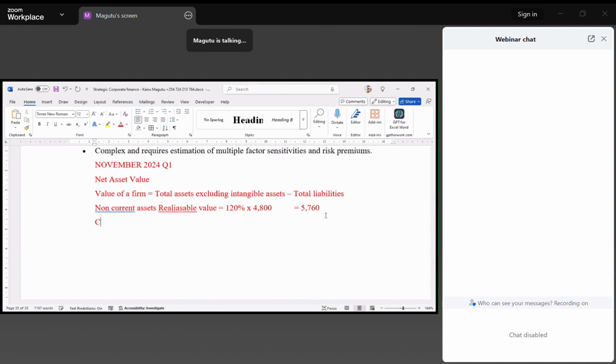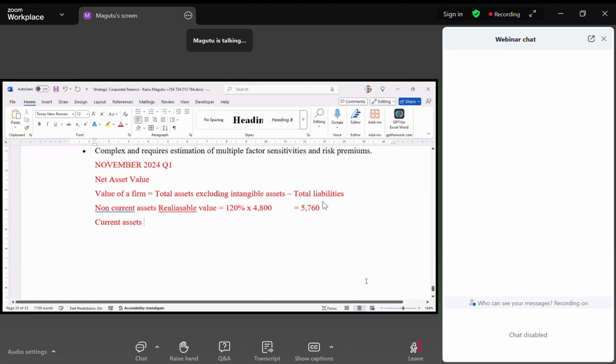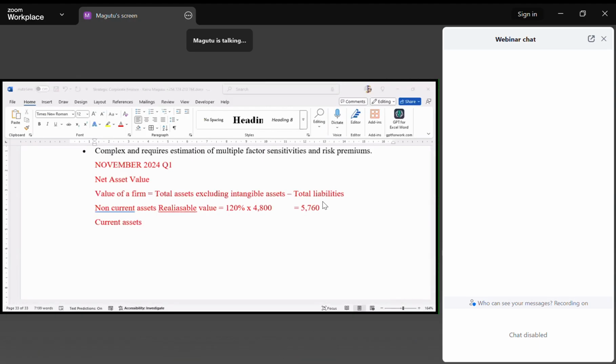Then we have the current assets. From the question, note number 7 says included in the current assets is a receivable which has since gone bankrupt, amounting to 200. It will not be realized. So how much is the total current assets? Current assets is 2,600 million.